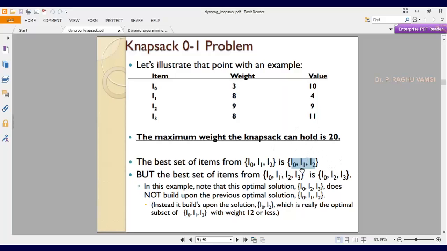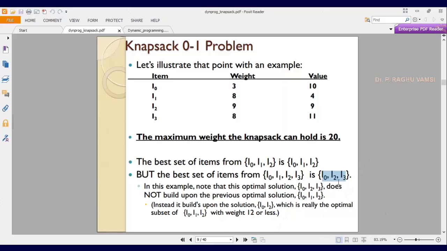So this is the principle of optimality. Since it is better than the previous one, we are supposed to consider this set for our final inclusion. In this example, note that the optimal solution I0, I2, I3 does not build upon the previous optimal solution I0, I1, I2. Instead it builds upon the solution I0, I2, which is really the optimal subset of I0, I1, I2 with weight I2 or less.